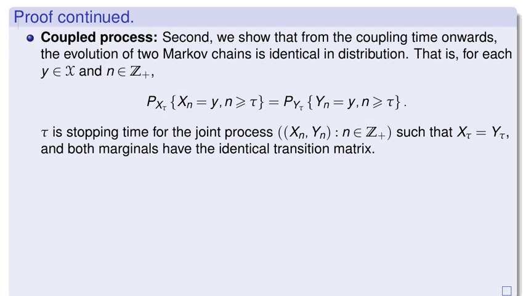Let's continue with the proof. For the second part, we need to show that from the coupling time τ onwards, the evolution of the two Markov chains X and Y is identical in distribution.